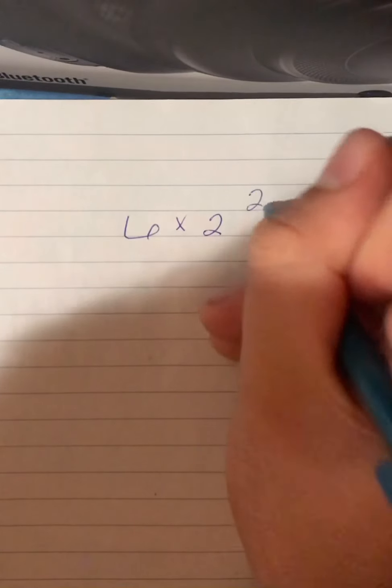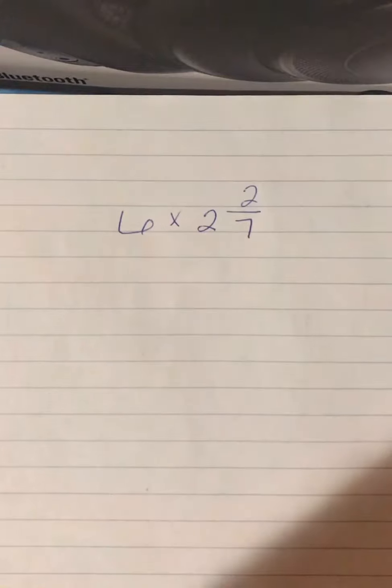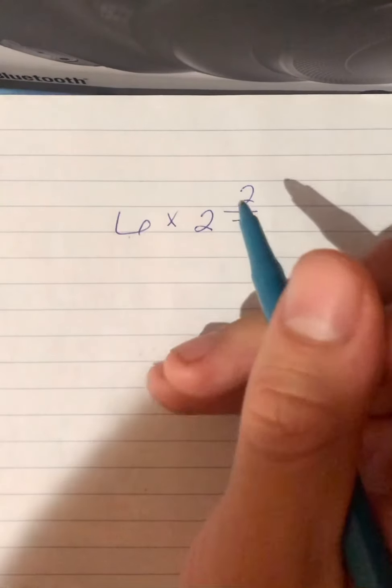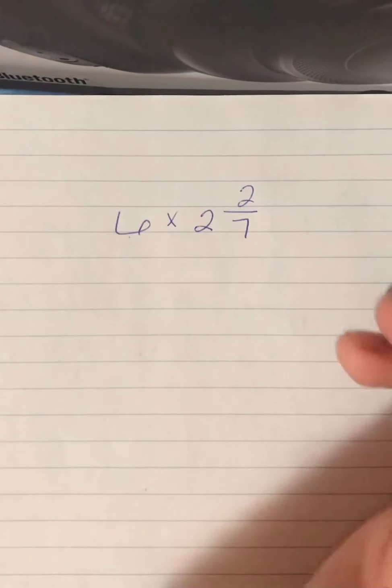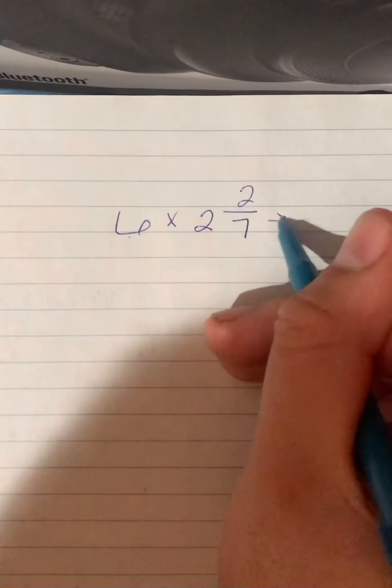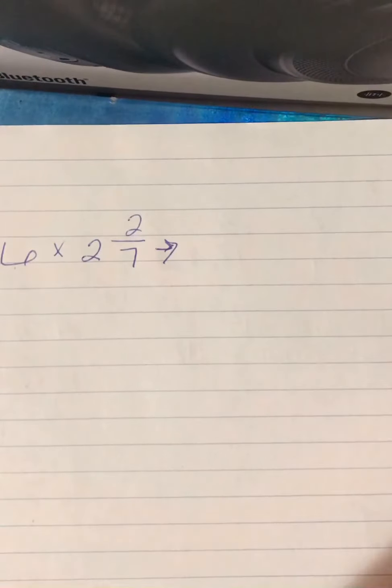Last one that we're going to do will be one with a whole number. 6 times 2 and 2 over 7. I can't multiply a whole number times a fraction, so I have to rewrite the 6 as a fraction.